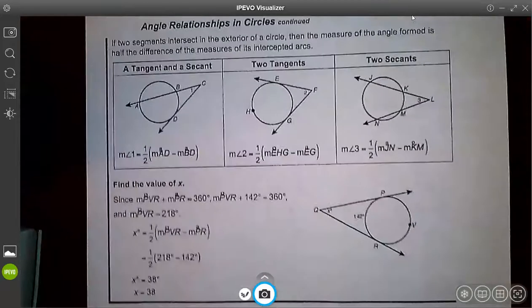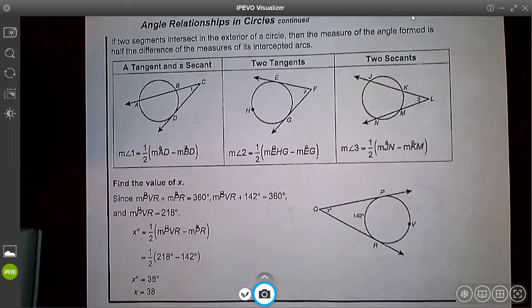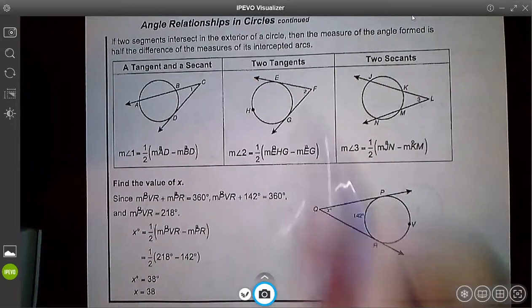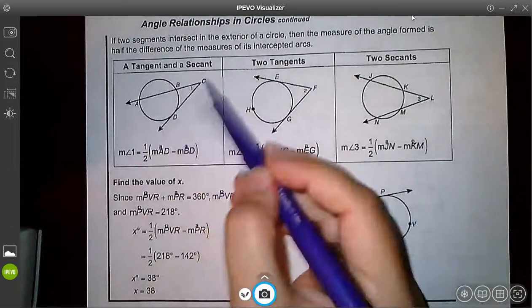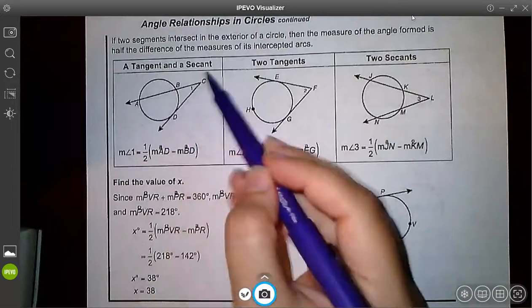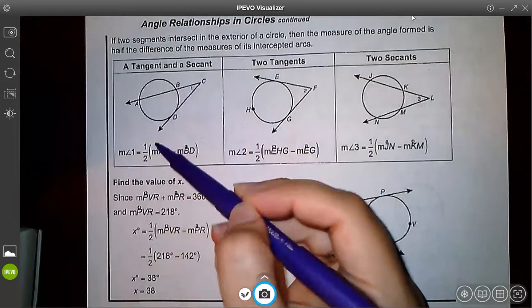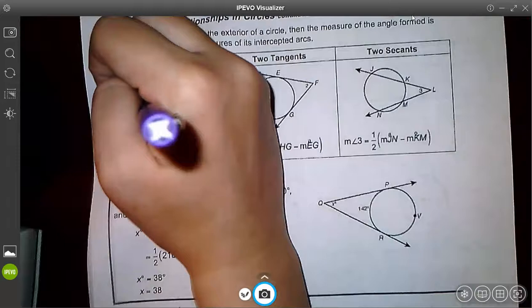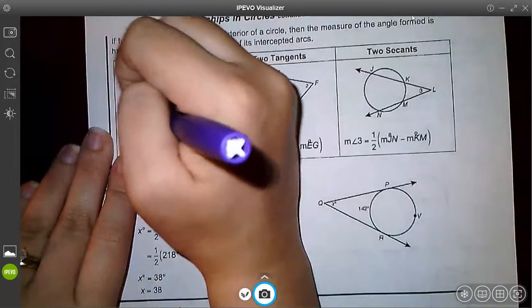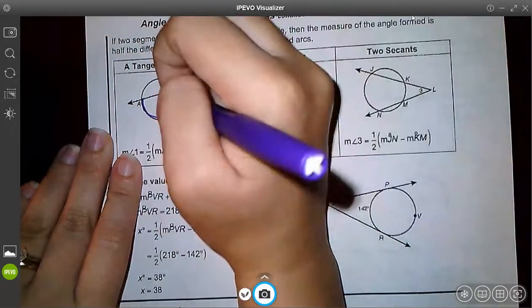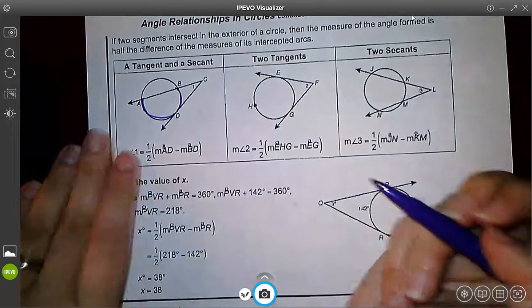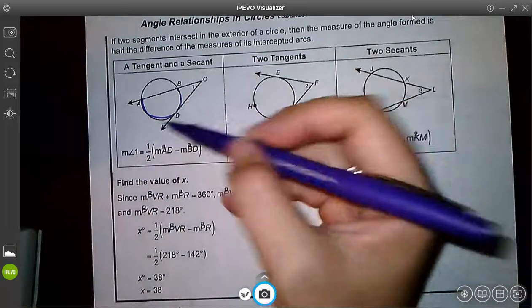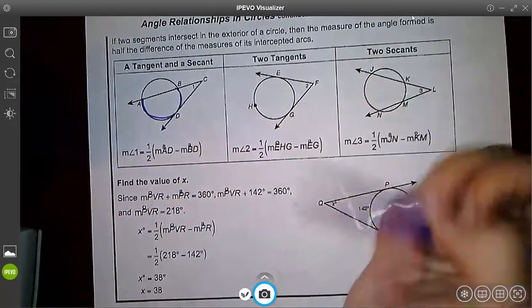Now we're going to look at two tangents and two secants, and the angles created. So the measure of angle 1, this is created by a tangent, which is CD, and a secant, which is AC, is going to be half the difference of the bigger arc, which is AD, created here, minus the smaller arc, which is BD. So half the big arc minus the small arc.